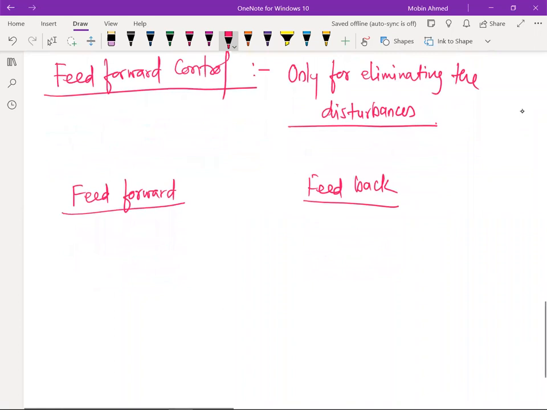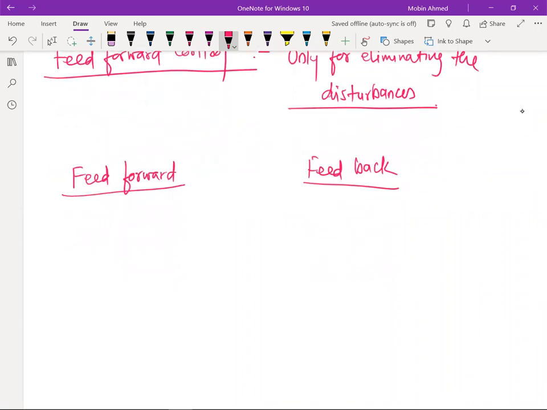What is the concept behind this one? The feedback controller works on receiving feedback of present value.